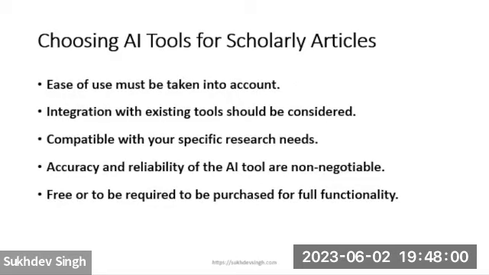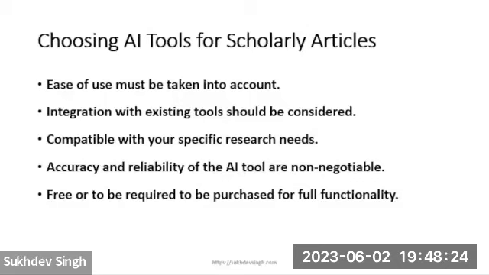So if you're trying to choose a particular AI tool for scholarly articles, you must take into account that it should be easy to use. If it is complex and you have to learn how to use it, then all the time you have saved will be spent on learning a new tool.